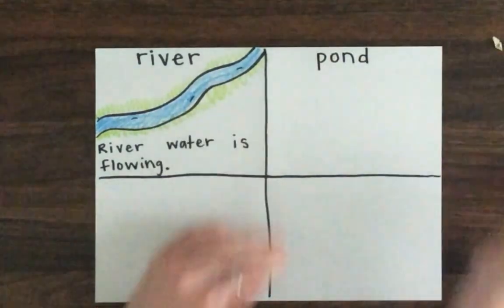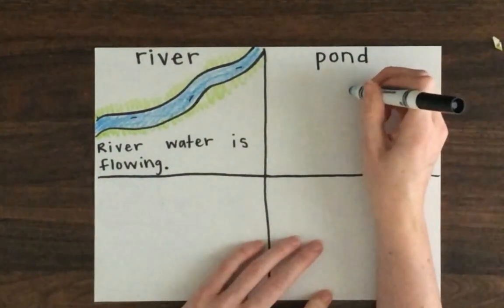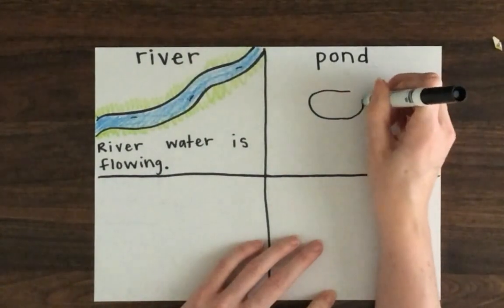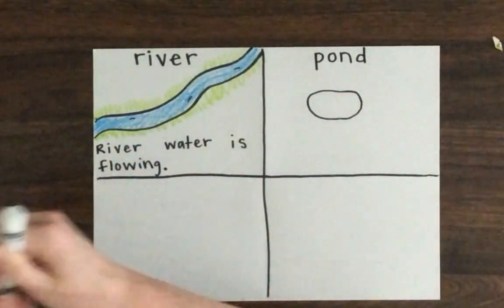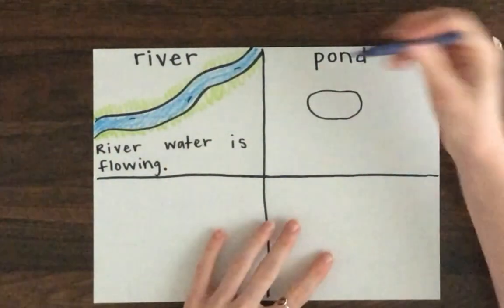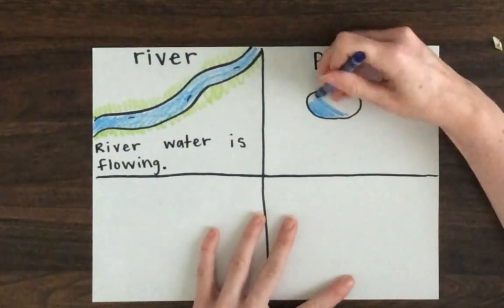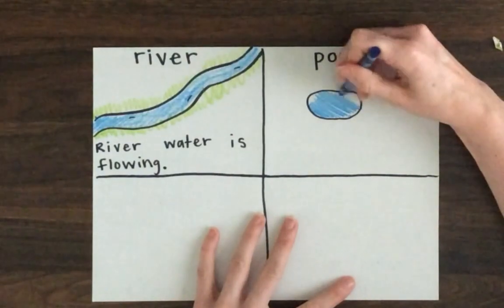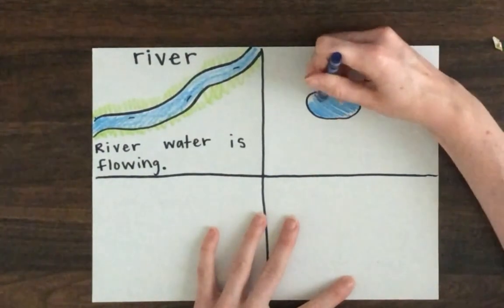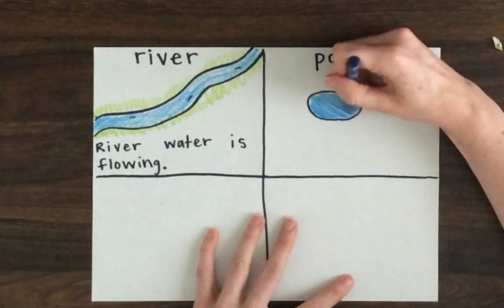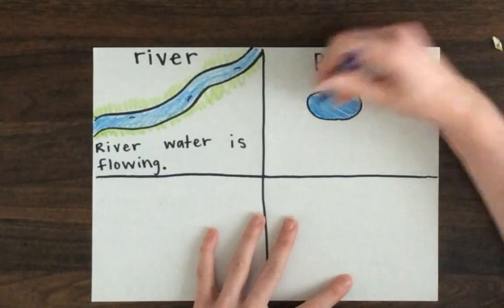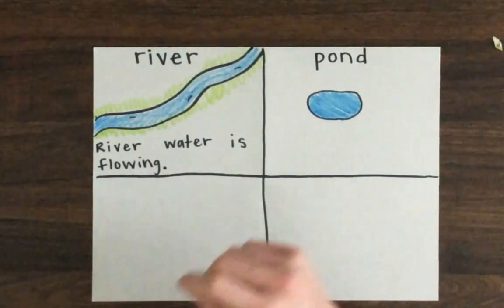Pond. Okay, so we know ponds are pretty small. I'm going to color in my pond blue, and pond water is usually fresh water. And we know that different kind of animals, reptiles live in ponds.